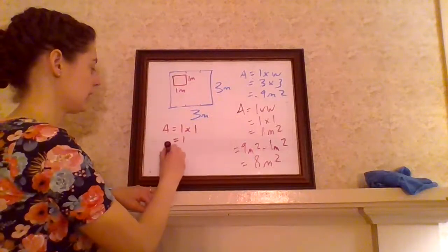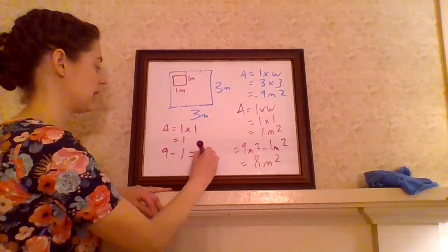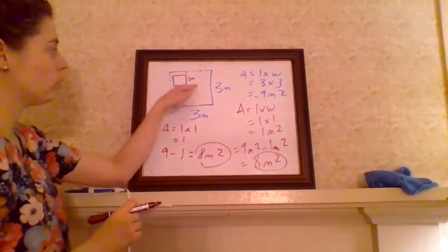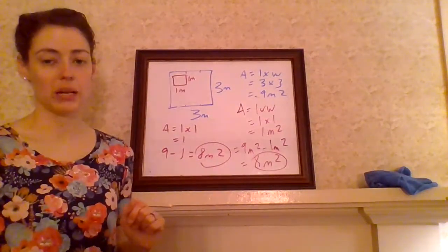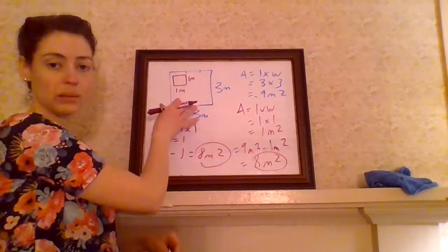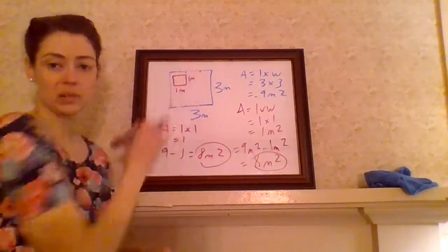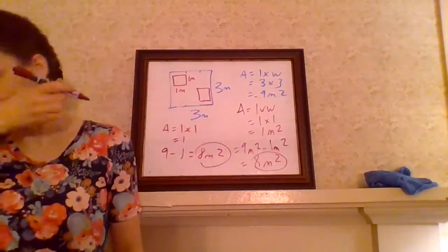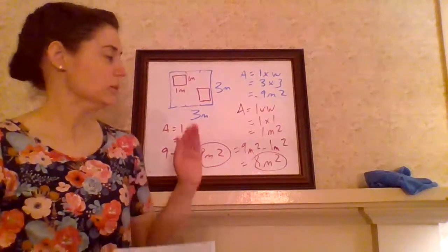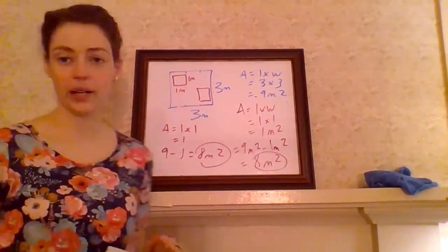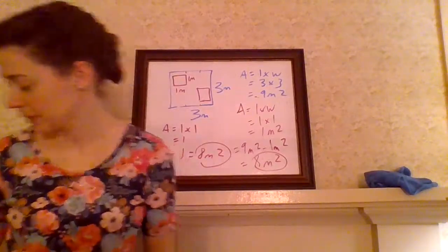You're still going to get 9 minus 1 is 8 meters squared. So, no matter where that hole is, as long as it's inside that shape, it doesn't matter. You just need to find the area of the whole shape and subtract the part that's missing, whether the hole is there or whether it's here. If you only have that one shape, then you can figure that out. It doesn't matter where the placement is.